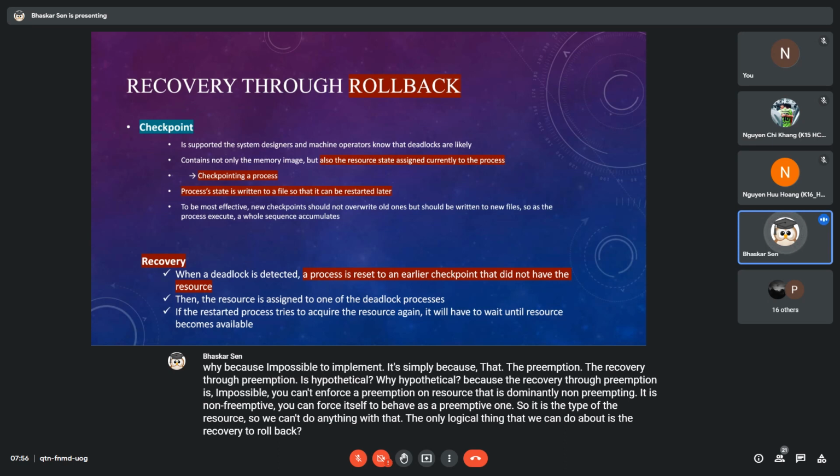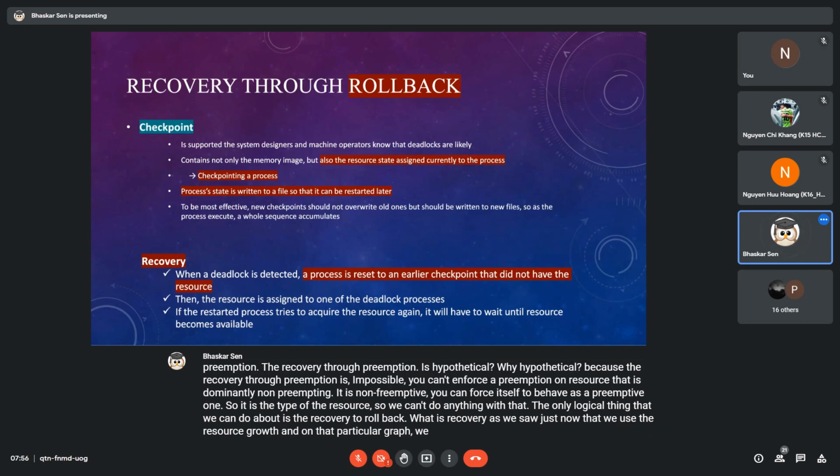What is recovery? As we saw just now, we use the resource graph, and on that particular graph, we use check pointing.